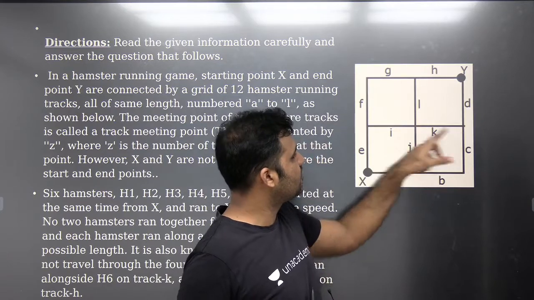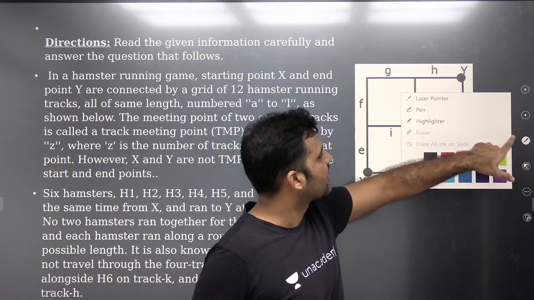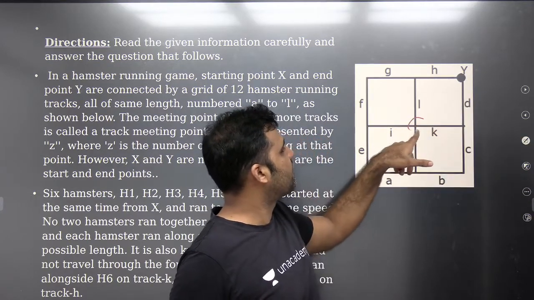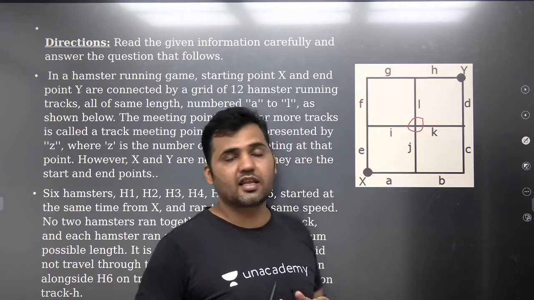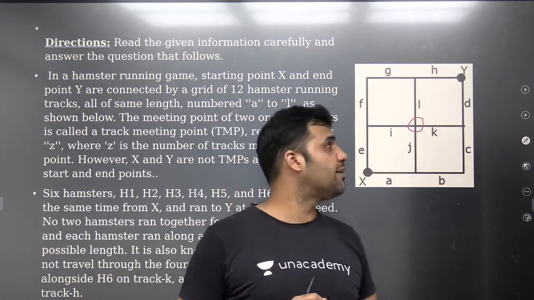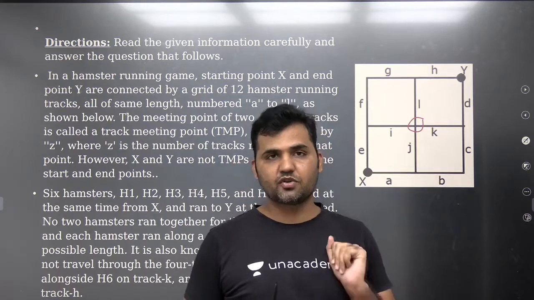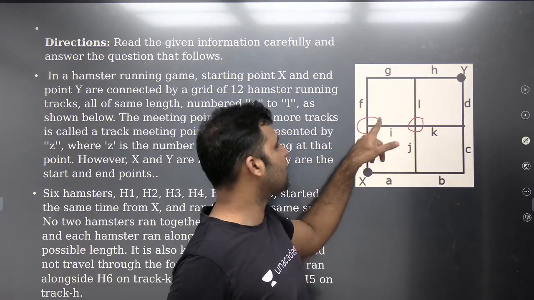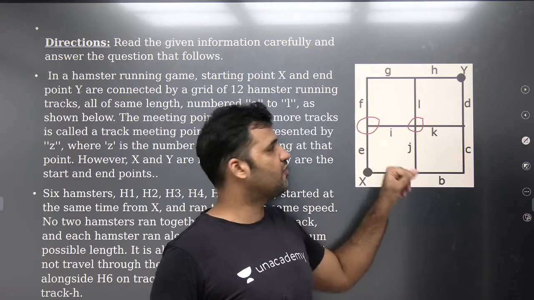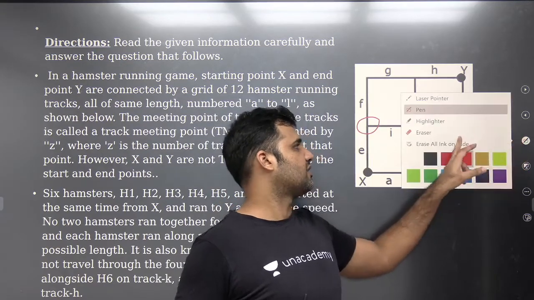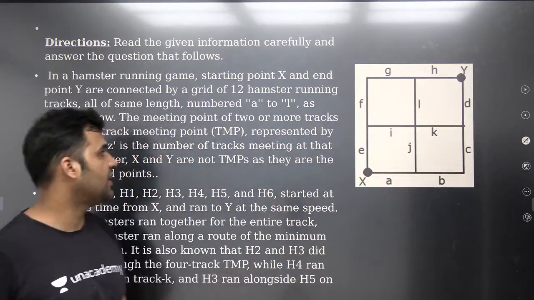For example, if you look at this point, you see that 4 tracks are meeting, I, J, K and L. So the TMP of this point will be called 4 because 4 tracks are meeting. You see that here 3 tracks are meeting, I, E and F. So TMP will be called 3 here. Okay, that's what the instructions are saying.